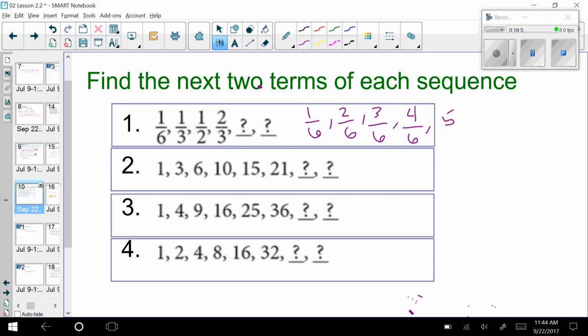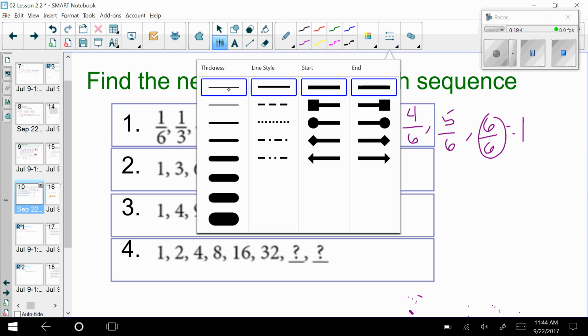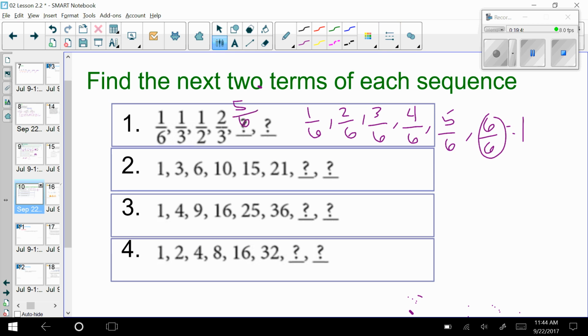Our next term would be 5/6, and after that 6/6, which is 1. So our next 2 terms will be 5/6 and 1.